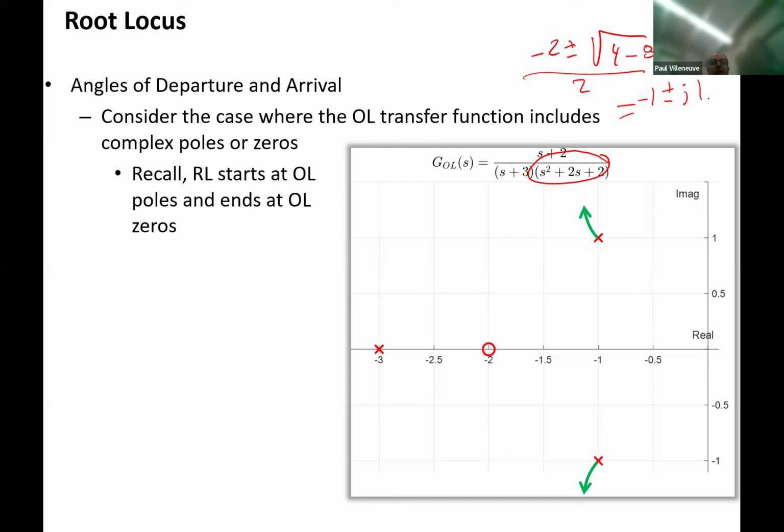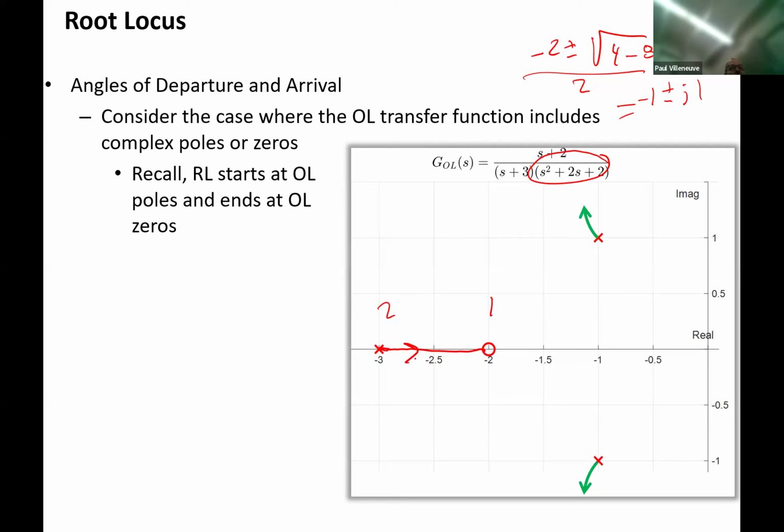So now what I need to do is figure out, where do I go from here? Well, using some intelligence, remember one of our rules is the root locus always exists to the left of a real pole or zero. So if I label this 1 and 2, then I start at my pole and end at my zero. So I have one pole at -3 and a zero at -2.